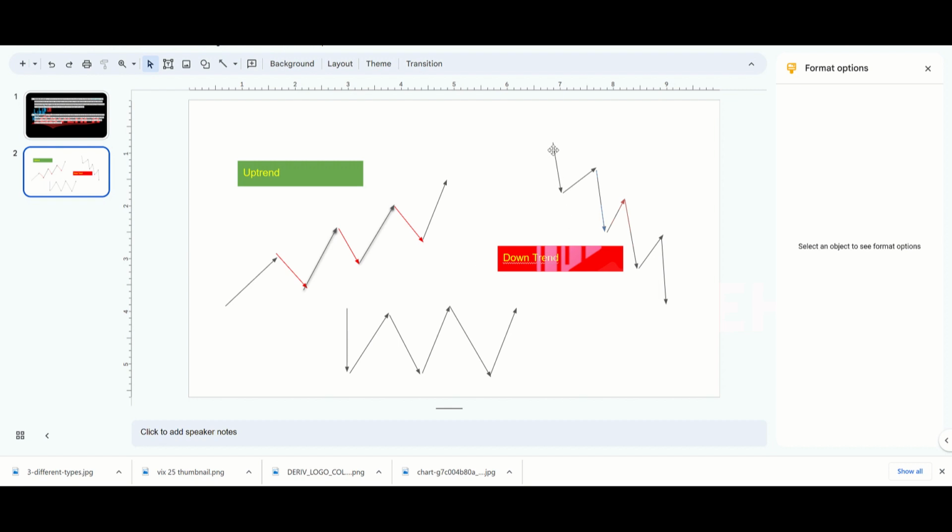And when you see the market doing this particular movement, making lower high and lower low, lower high and lower low, lower high and lower low, this is telling you that the market is on a bearish trend. The market doesn't just move in a straight line.